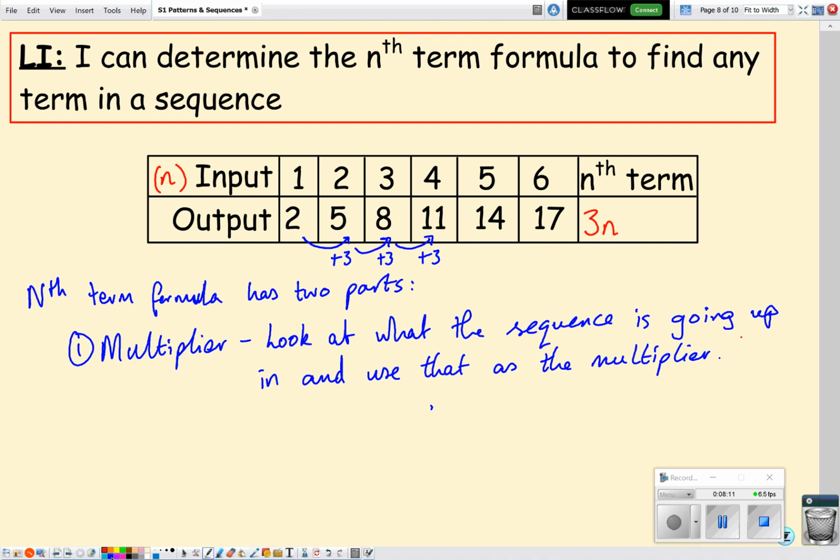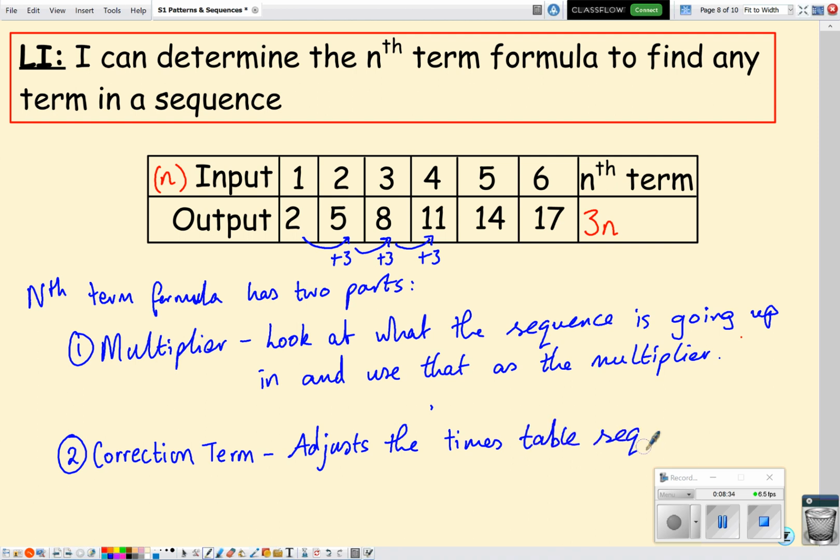The next part, second stage, is the correction term. Now, what the correction term does is it adjusts the times table being used. Right? So it adjusts the times table sequence being used.